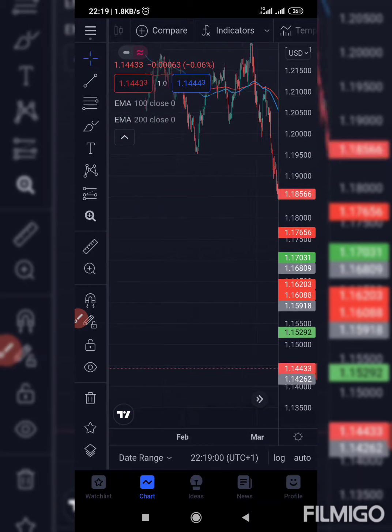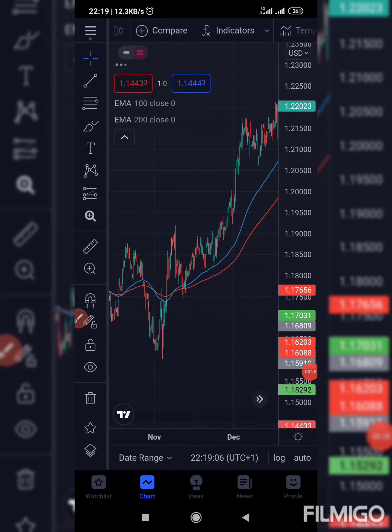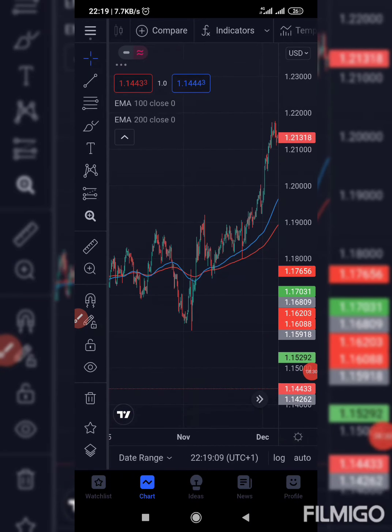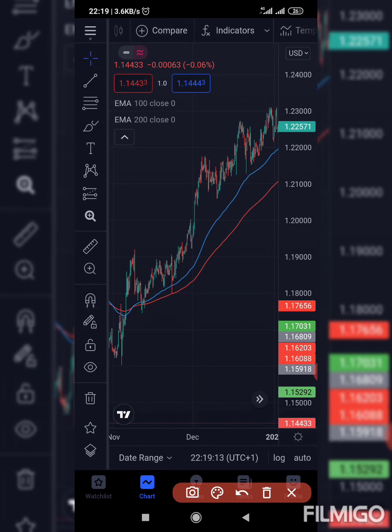Let's look for a very long uptrend that we can cite as an example. Okay, I think it's long enough. Starting from here, can you see? Then up, we keep going up. So that is another use of moving average.